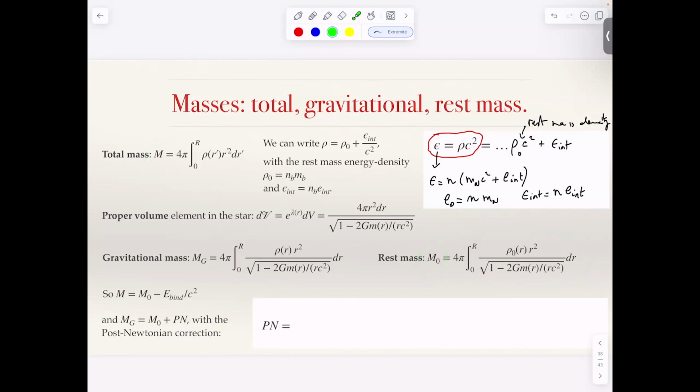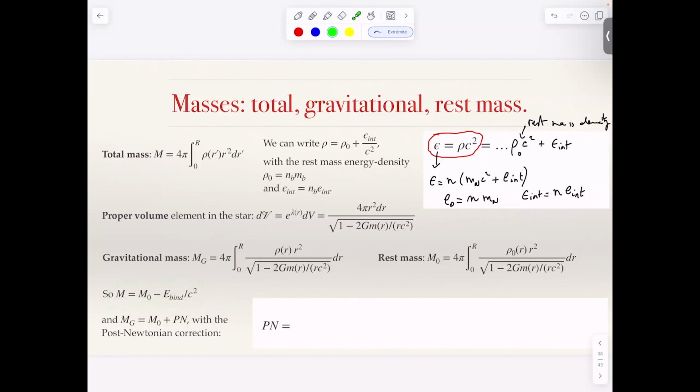The rest mass simply disregards the contribution coming from the internal energy, and I also consider this correction. The difference between these two masses is the binding energy. This is what I'm writing here.